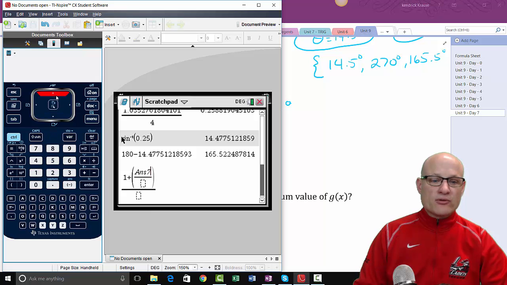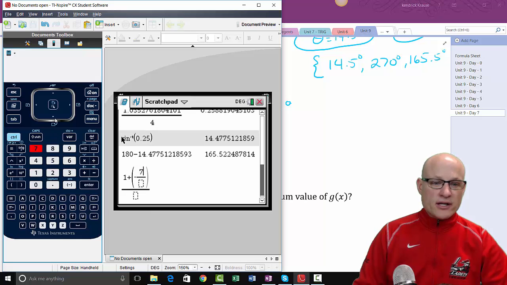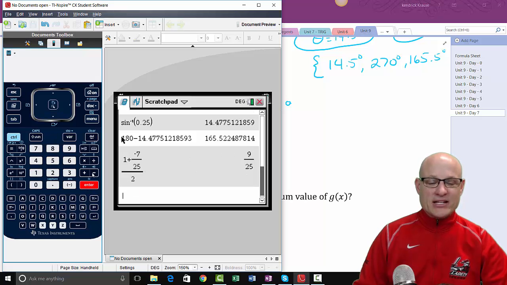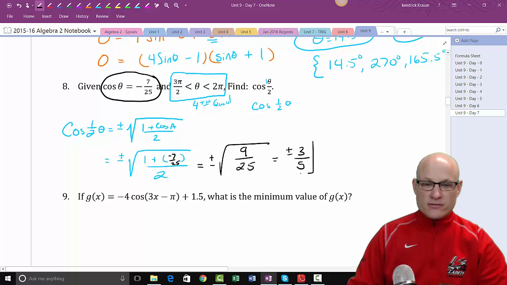Why every time I press negative does it not let me do negative? The negative is in the right place. And you get 9/25. So plus or minus 3/5. So that's not the right answer.